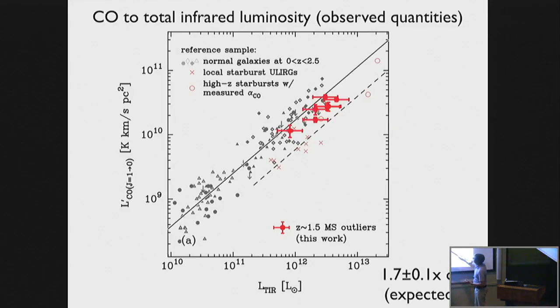So the local ULIRGs would then be a factor of 3 below this in terms of CO at a given infrared luminosity. And so this is the local relation. They're not bright enough to put them in line with typical star-forming galaxies. Okay? And so they seem to fall between the two. And so there's about a 1.